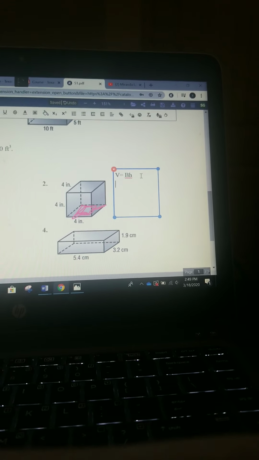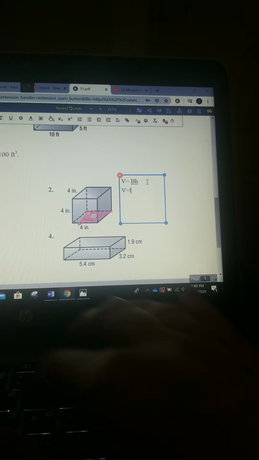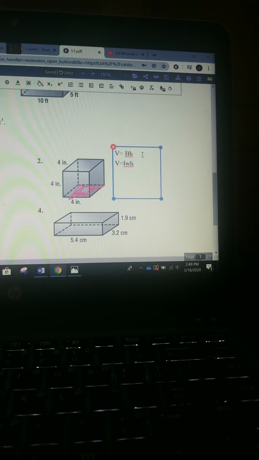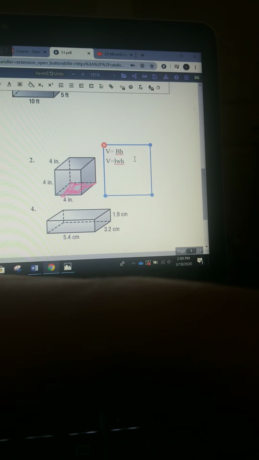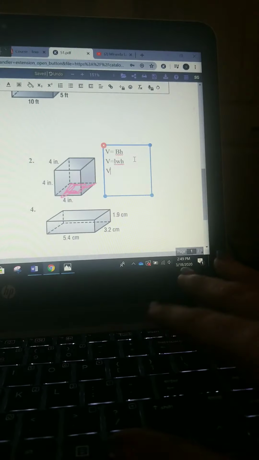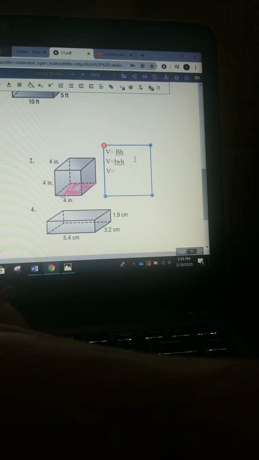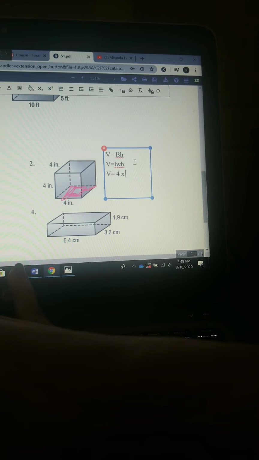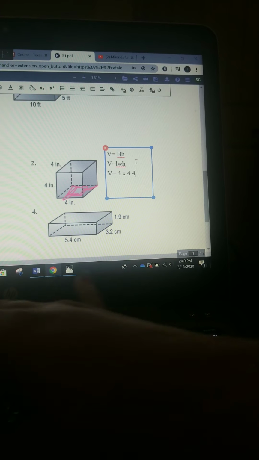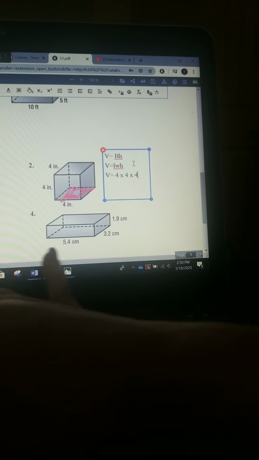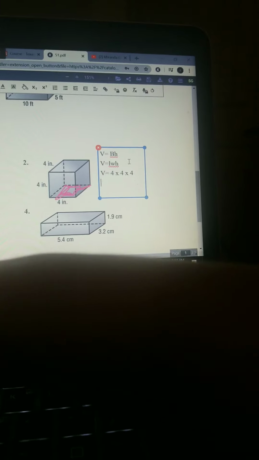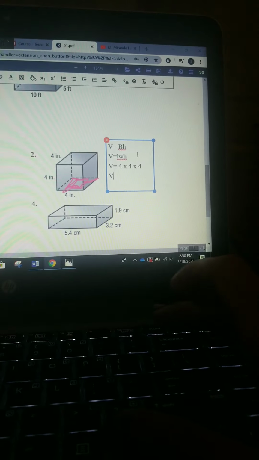So the volume is length times width times height. And in which case, it's just 4 cubed, which is 4 times 4 times 4. The area of the base is a square. It is a 4 by 4.